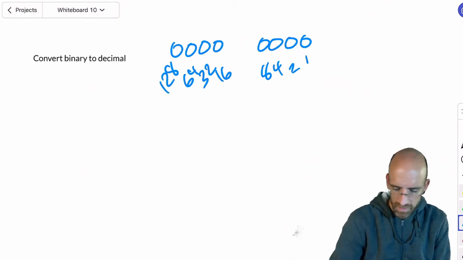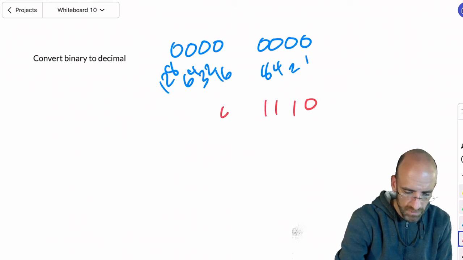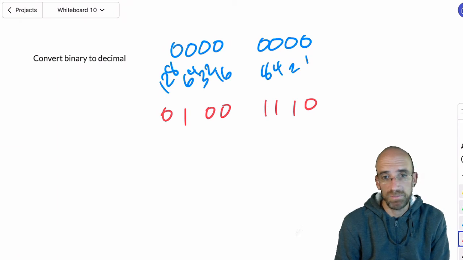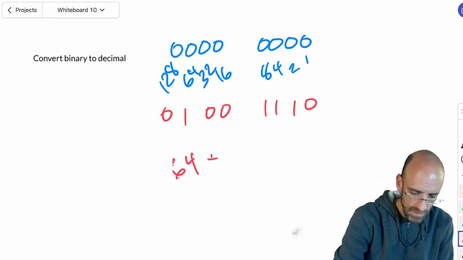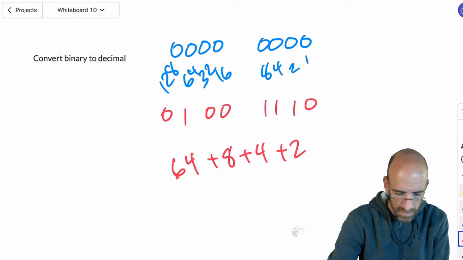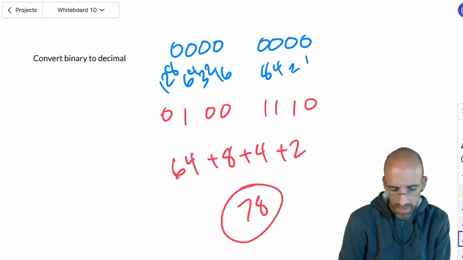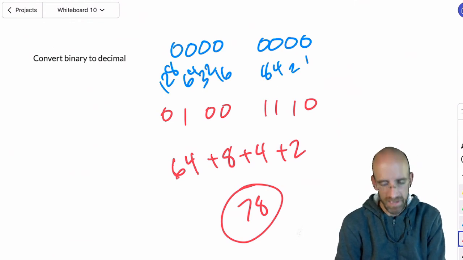And if I have the number 0, 1, 0, 0, 1, 1, 1, 0, all you have to do is see which bits are turned on, and you've got a 64, an 8, a 4, and a 2. And all you have to do is add them up. So 78. The number 0, 1, 0, 0, 1, 1, 1, 0 is equal to 78.